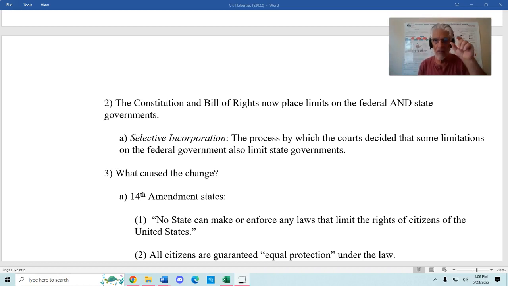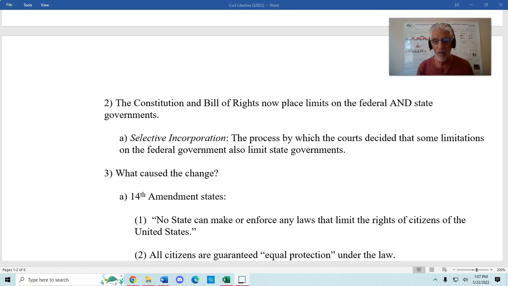What the courts have done, because they're the ones involved in this process of selective incorporation, is they've done it right by right, liberty by liberty, one at a time. They've gradually applied, stated in different court cases, hey, this limitation on the federal government, by the way, this applies to state governments. State governments are limited in the same way, right?